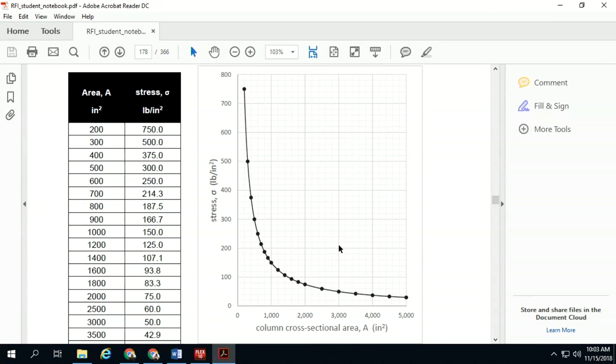Number 3. How does the stress change as A increases?